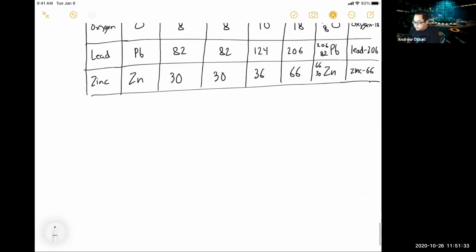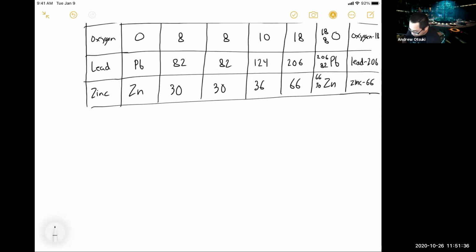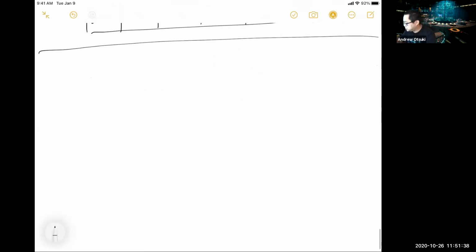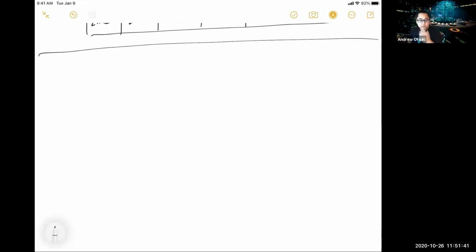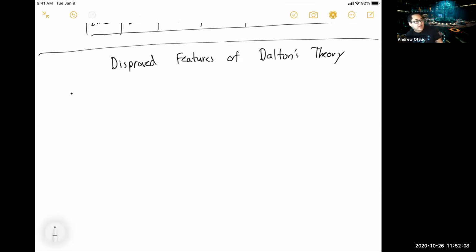All right. So let's move on. So let's talk about the disproved features of Dalton's theory. So the indivisible nature of atoms.